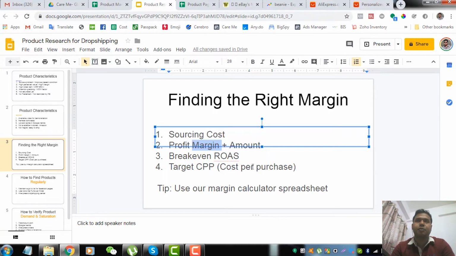So if you're selling it for $15, then definitely you're making a 50% margin. But what's the profit amount? It's only $5. So even though the margin is higher, the amount is smaller. So definitely you should be aiming for a higher margin and a higher amount.